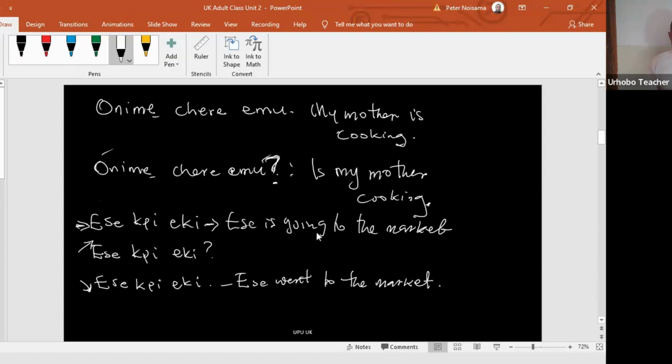Esekpeki, Ese is going to the market. Then you rise, Esekpeki, it's a question. You fall, it now becomes past. Esekpeki. Middle, re. Esekpeki, mi. Esekpeki, do. Esekpeki. Ese went to the market.